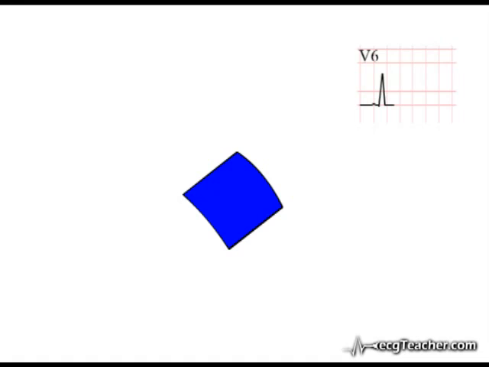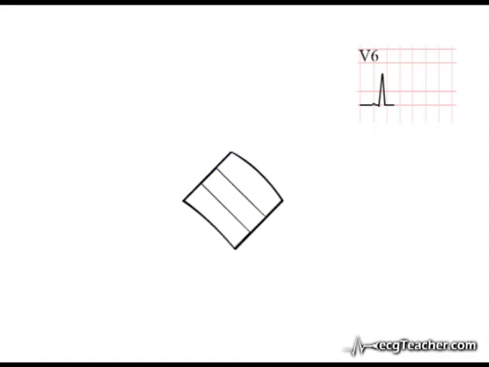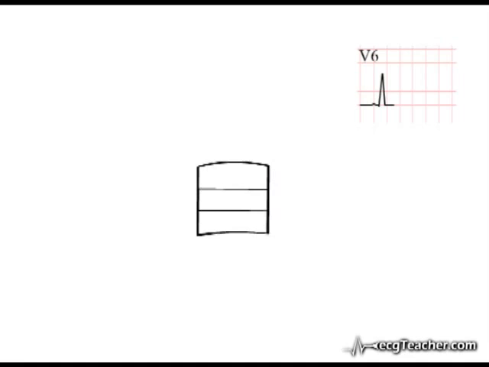Cardiac myocytes repolarize at their own intrinsic rate. However, there is a gradient across the ventricular wall in the intrinsic rate at which cardiac myocytes repolarize, with cells at the epicardial surface repolarizing rapidly, while cells repolarize more slowly as we move towards the endocardium.